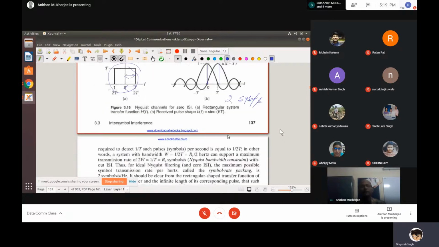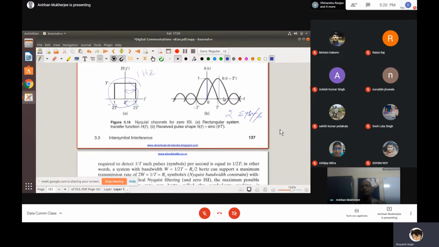But we have seen that there is some problem with this type of sinc pulse. With the Nyquist pulse, if there is a timing jitter, at the sampling instant there is no effect of the previous pulses; only this pulse contributes, and at the next point only that pulse contributes.